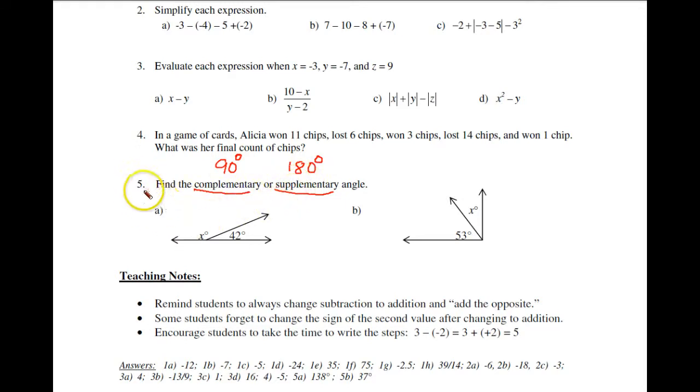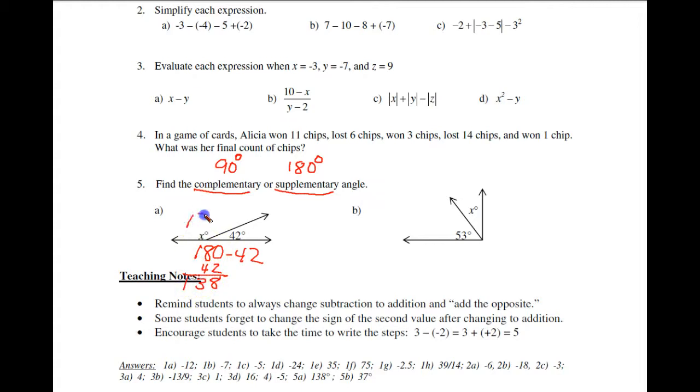So for number 5A, we know this is 180. So if we go 180 minus 42, that will give us this particular number here. And let's see if I can do that, sort of. This is going to be 8. This is now 7.